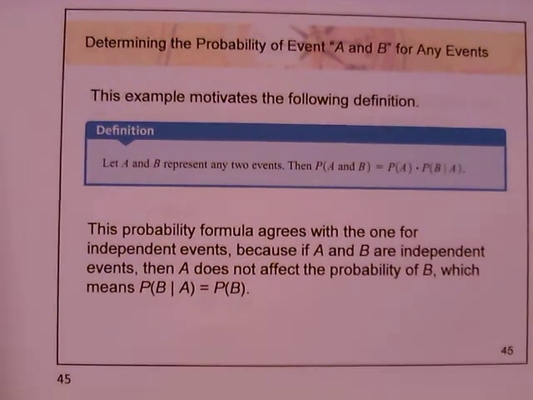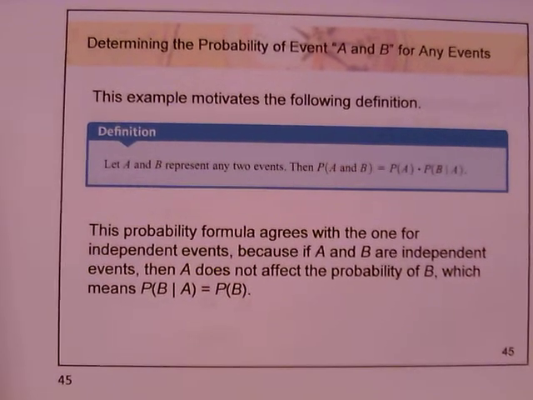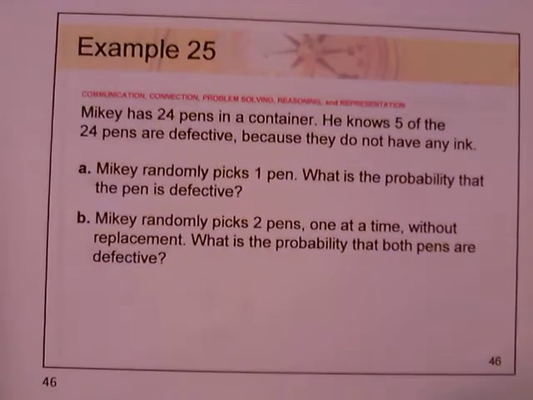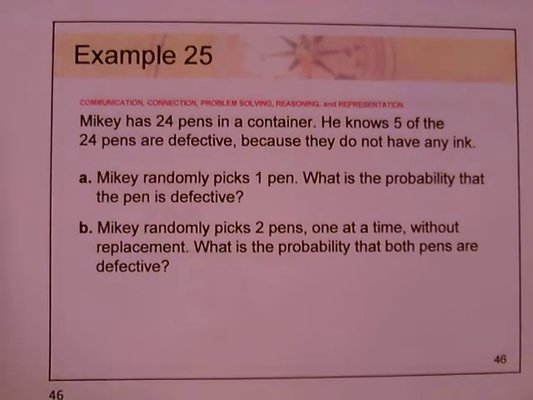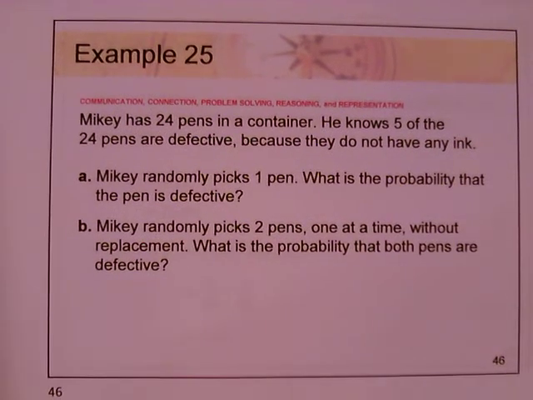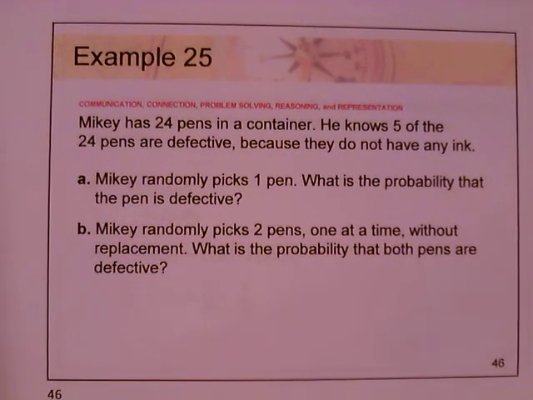So here's an example of this. Mikey has 24 pens in a container. He knows 5 of the 24 pens are defective because they do not have any ink. In part A, Mikey randomly picks 1 pen.